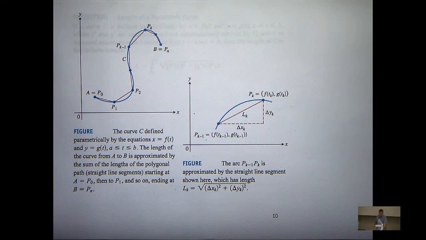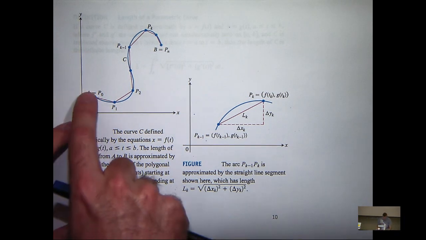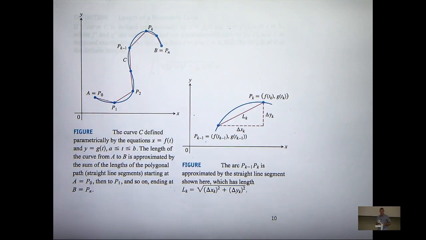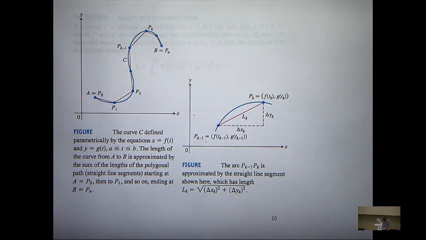You can have curves that loop back on themselves, right? So this curve here, let's say it's a wire or part of a spring or something like this. It loops back on itself, so it's not a function. You can describe these kinds of curves, though, with so-called parametric equations.